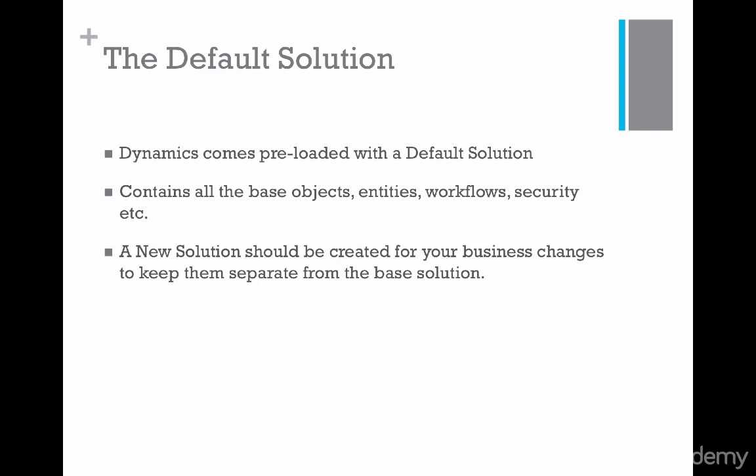Although you could actually work on the default solution and make all your changes directly within that default solution, this is not advisable, because if you then export it, the entire system, all the components, will get batched up into one huge solution, and it can become quite large. Rather, it's better to create a new solution for each set of business requirements that you're trying to meet, and then as you export them, the packages are much smaller and easier to manage.